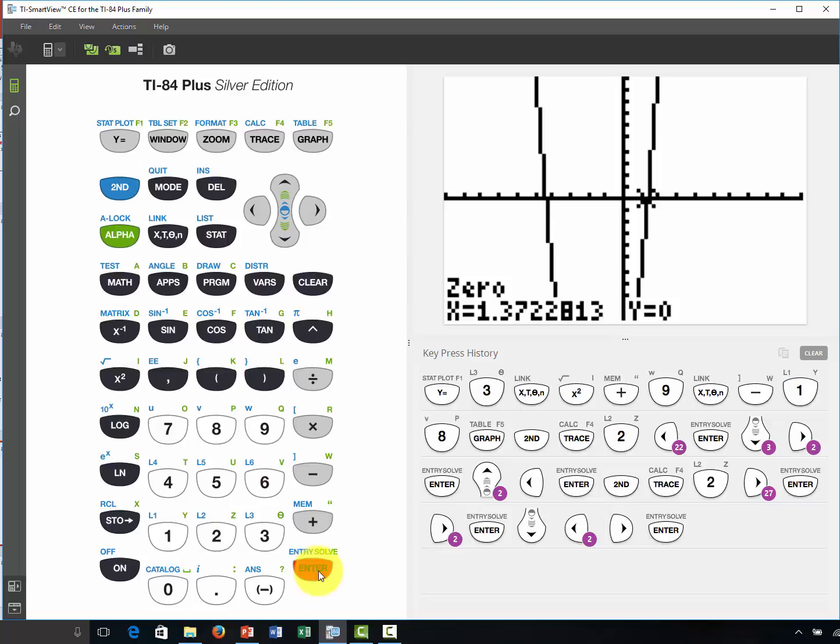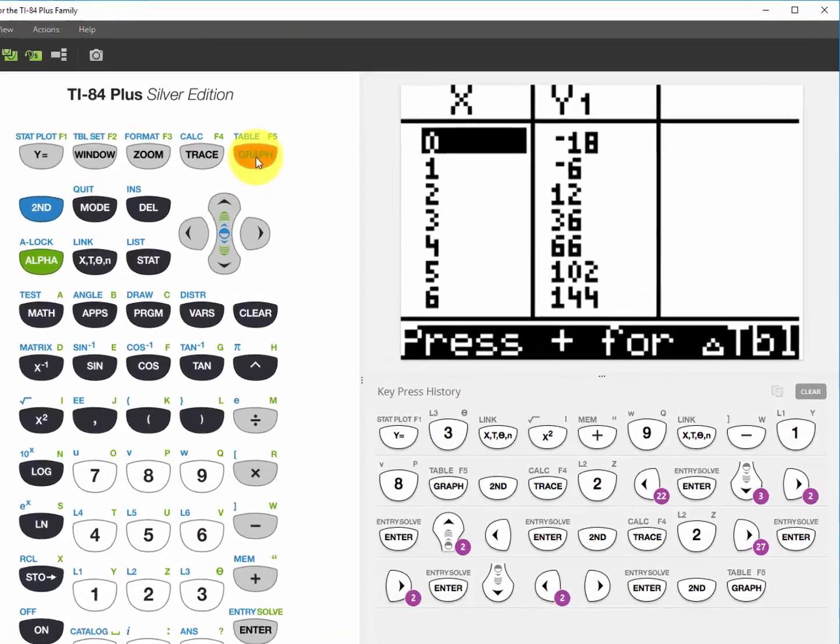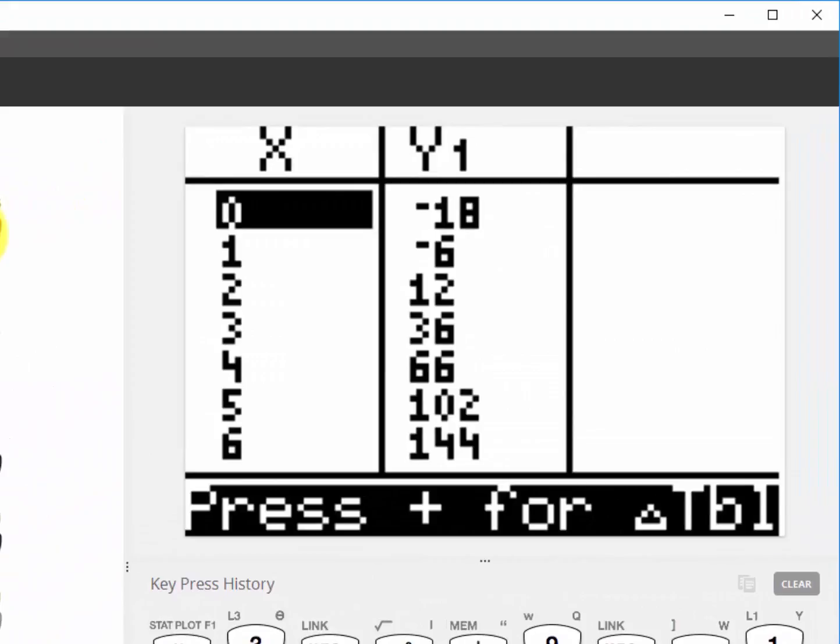Let's do it numerically. So if I go second and graph, which is table, what I want to look for is when there is a sign change. Here we have a negative number, here we have a positive number. So that tells me that the graph crossed the x-axis. It was negative, now it's positive.